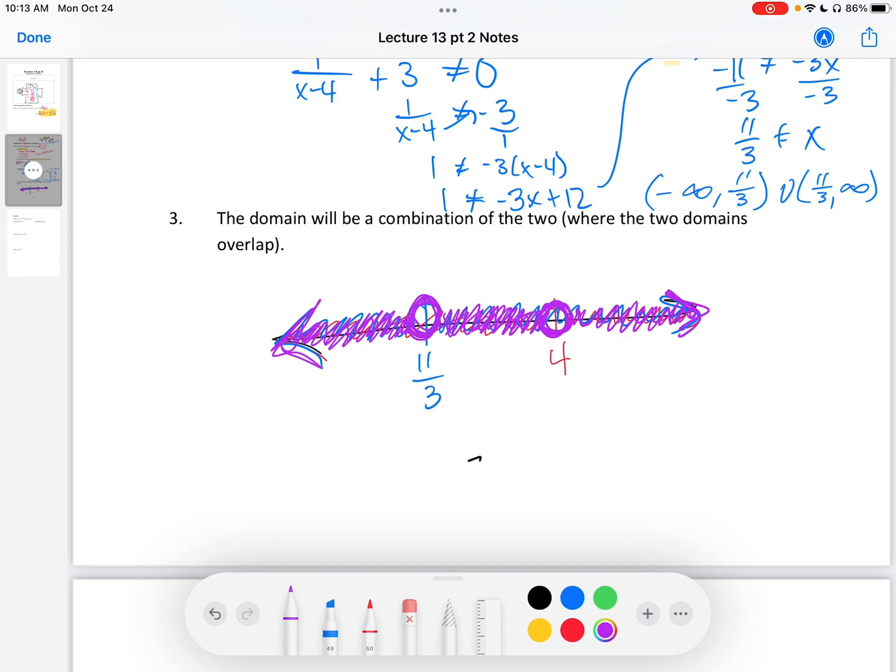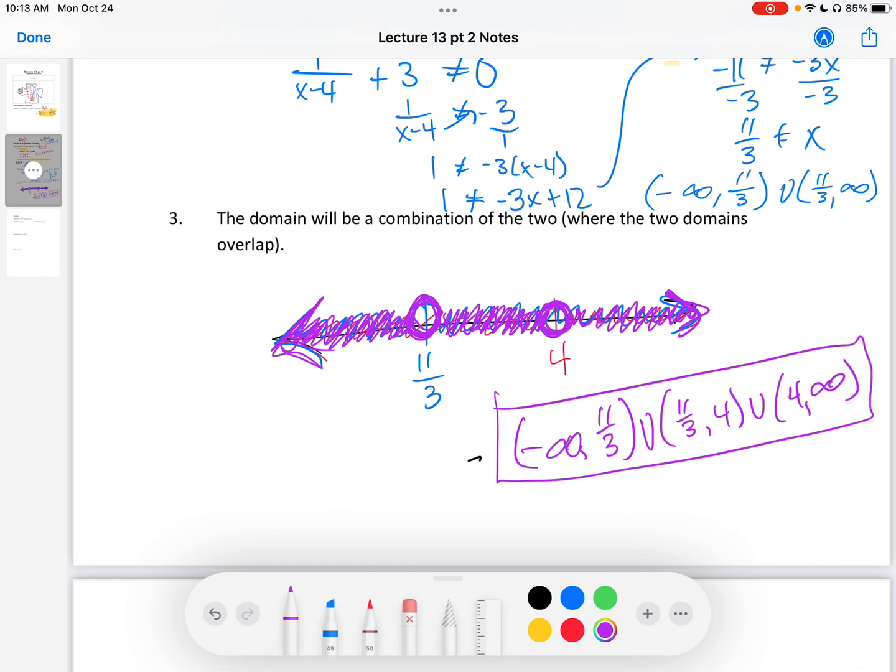So our answer is the overlap, everywhere that we made purple. I would say from negative infinity to 11 thirds in union with 11 thirds to 4 in union with 4 to infinity. And that is the domain for our composite function.